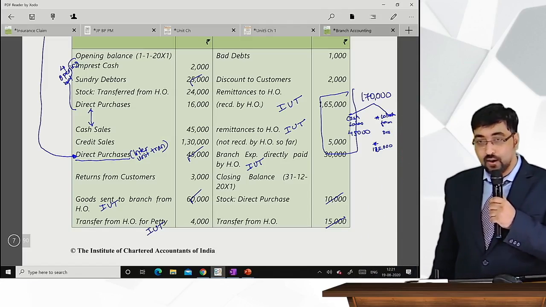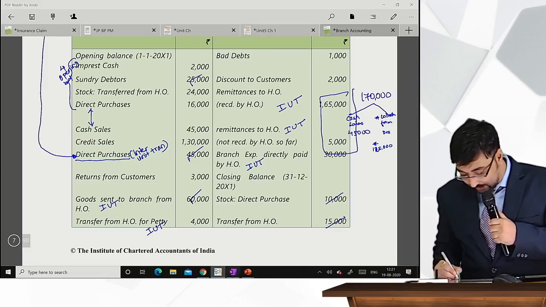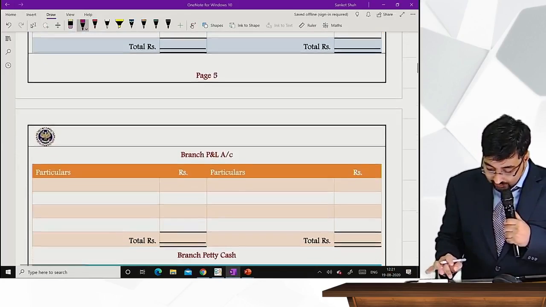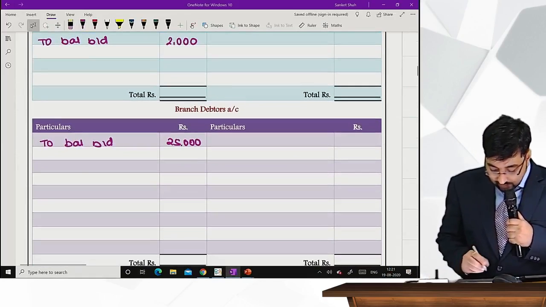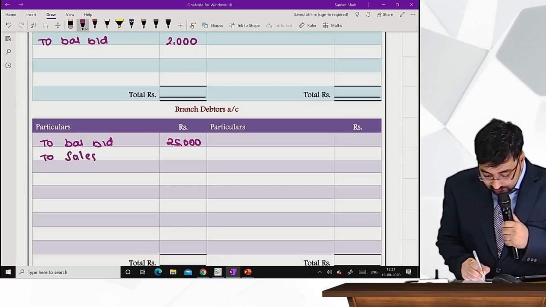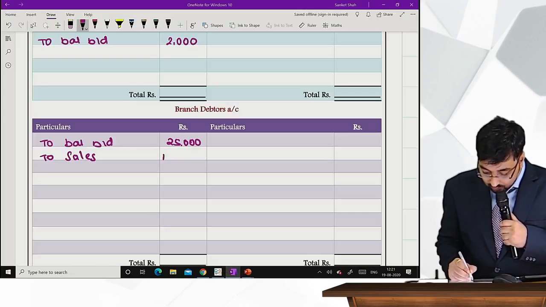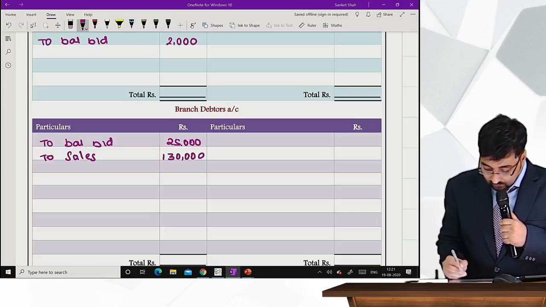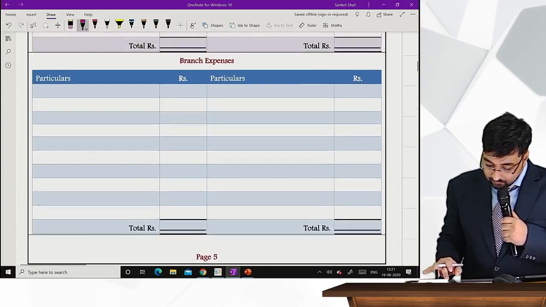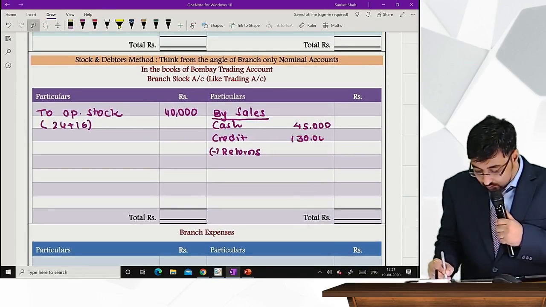Debtors we open, and sales we will write in the stock account on the credit side. So debtors on the second line, definitely second line only, because the first line is the opening balance, to sales. What is the amount? 1,30,000, credit 1,30,000.